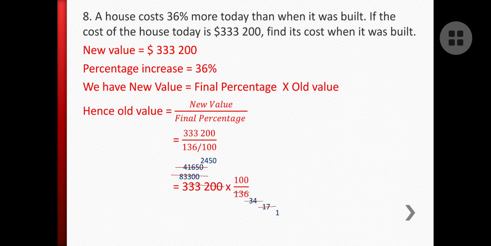So what is remaining? Just 2,450 into 100, so 2,45,000 is the old value. That much dollars is the old value of the house. Clear? You just have to learn the formula, understand it, then do it.